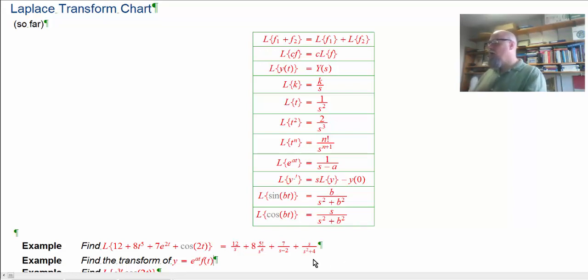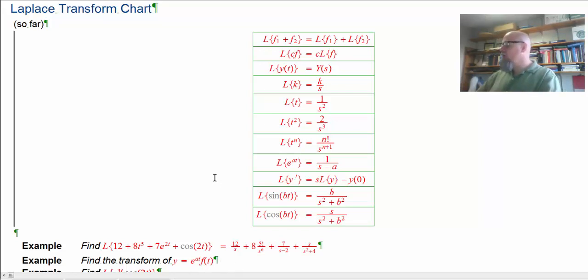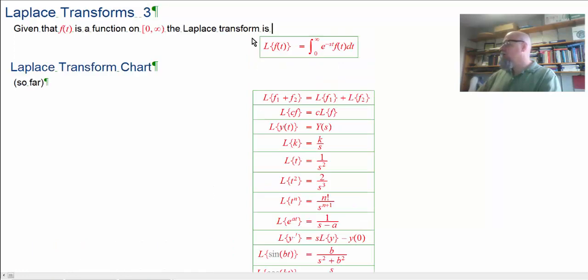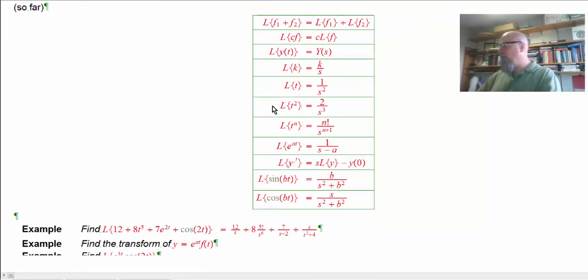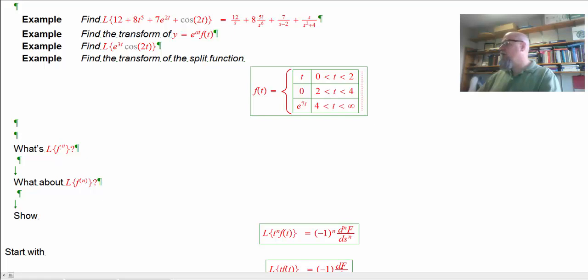Next example. The next example is a rule. What happens when I transform a function and it's e to the at times that function? Well, let's pop this in the definition then. Take my definition and see what we get here.